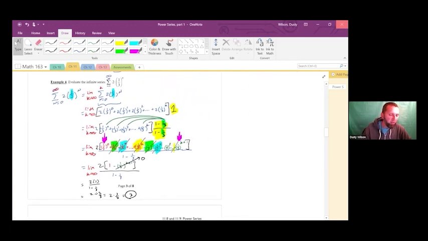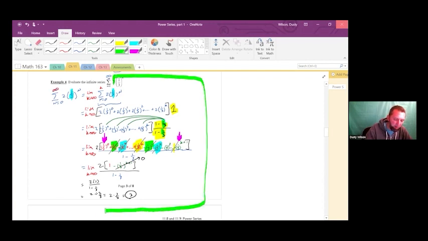So we have here evaluated an infinite series. Notice that the 2 that was in the very front here hung around all the way to the very end of the question, right?